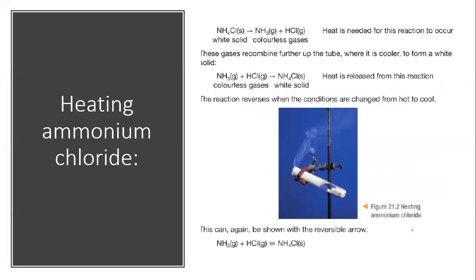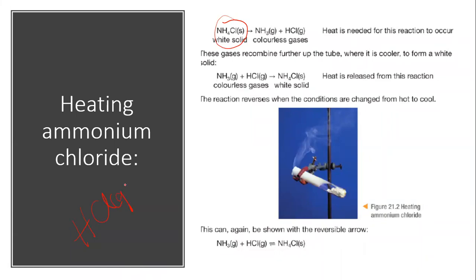So another example of this is when you are heating ammonium chloride. If I take ammonium chloride, which is a white solid, and I heat it up, it will break down into ammonia gas and hydrogen chloride gas. Just want to tell one thing to you, HCl.